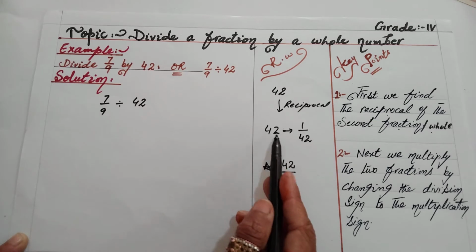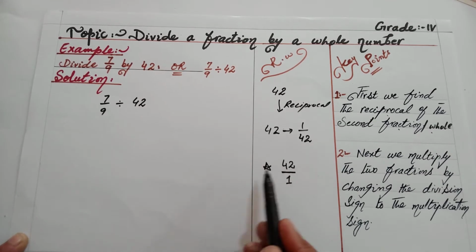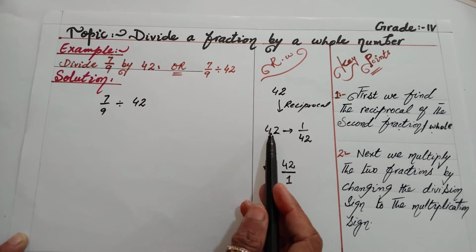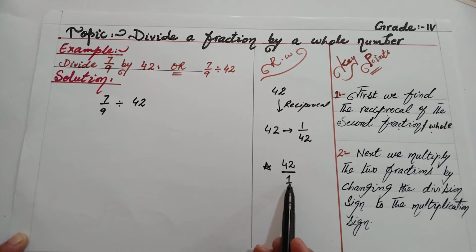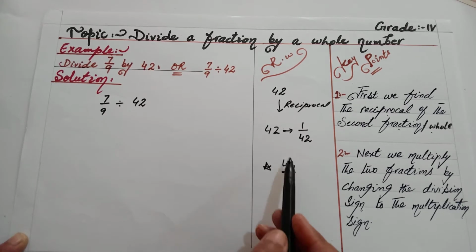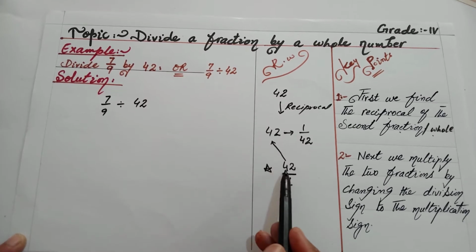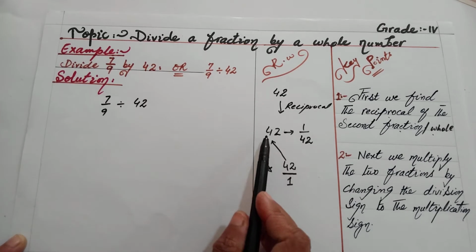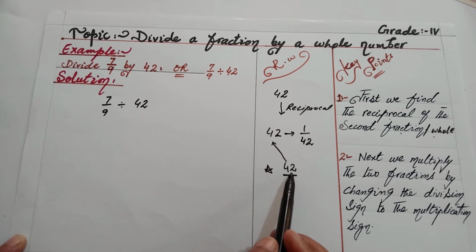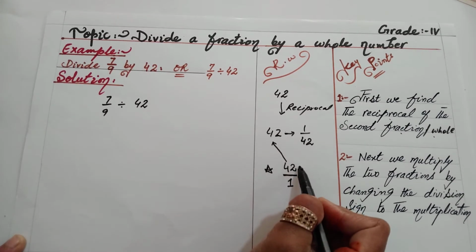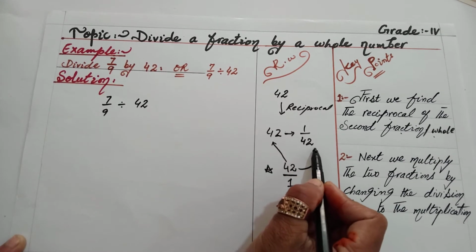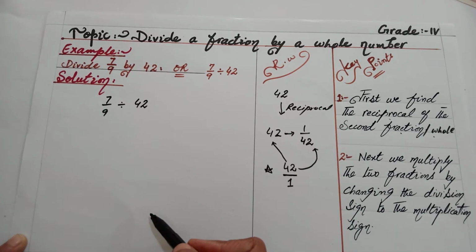So we can write the whole number in this form, like 42 can be written as 42 over 1. So when we take the reciprocal of 42 over 1, it will be like this, 1 over 42. Got it?